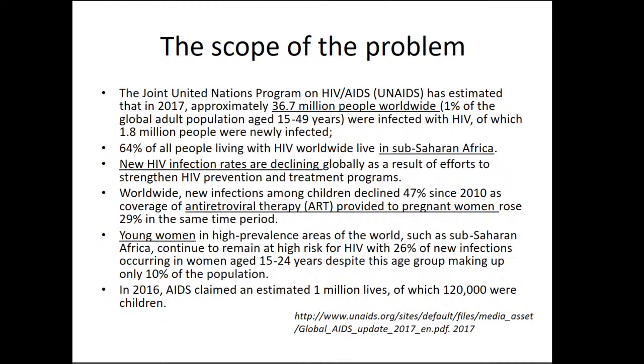New HIV infection rates are declining globally, anyway, as a result of efforts of United Nations programs, different non-governmental organizations, as well as governments of different countries. Many of them support programs for HIV and AIDS prevention, and that helps slow down a little bit the HIV infection rate worldwide.